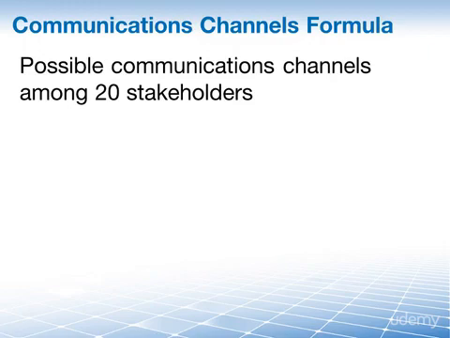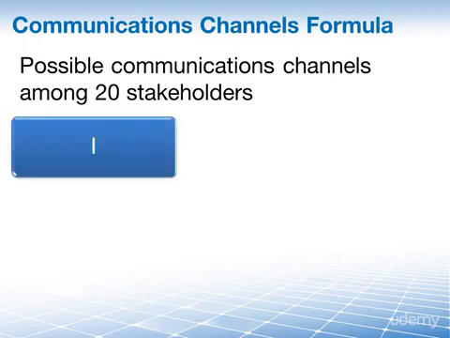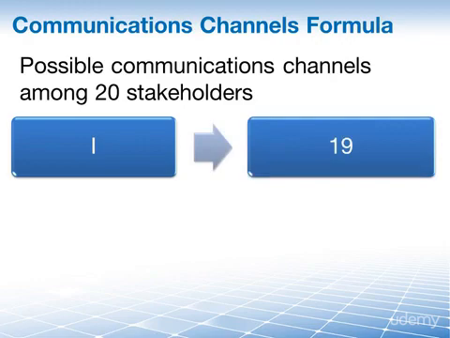So let's take a look at that. Let's assume that you and I are on this project together. So I will have 19 communications channels on this project because I have to speak to you and 18 other team members in this team of 20, okay?